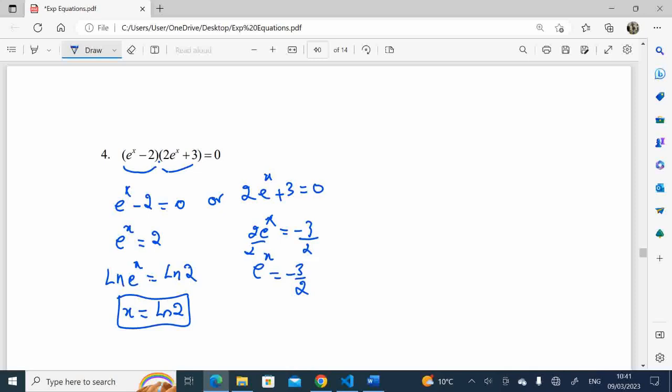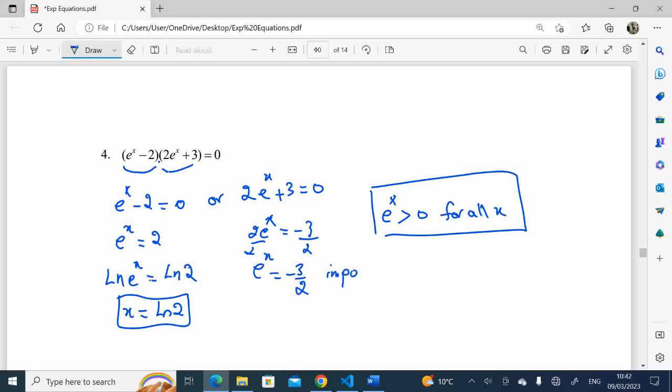We already know that the exponential function is strictly positive. e^x is strictly positive for all values of x. So e^x = -3/2 is impossible. It has no solution. So the only solution for equation number 4 is x = ln 2.